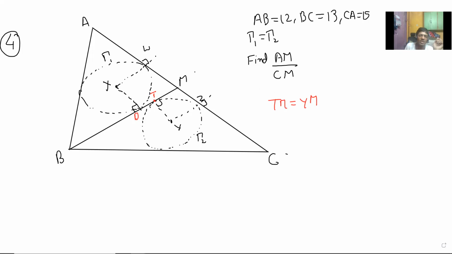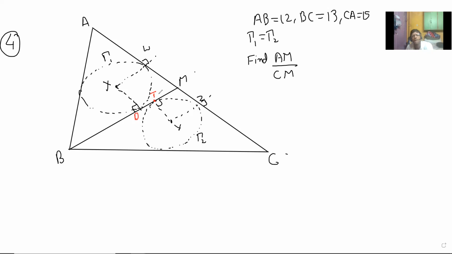So okay, I'm making some very silly mistakes, sorry. The TM is equal to MZ, say kite. But they are not equal to the radius. So it's not a square. I'm sorry, it's obviously not a square. So we just have this.